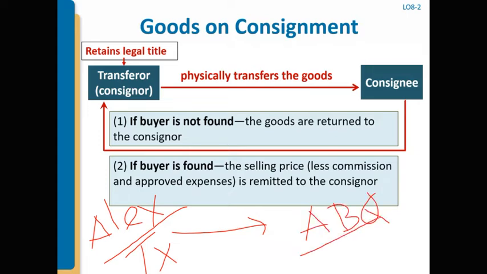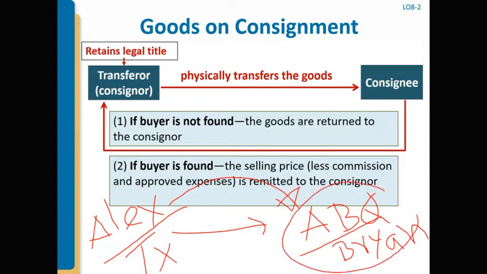Suppose Brian has a shop in Albuquerque. Then Alex will send some of the units to Brian's shop. The ownership of those items will not be transferred to Brian. The goods will just be displayed for sale in Brian's shop.